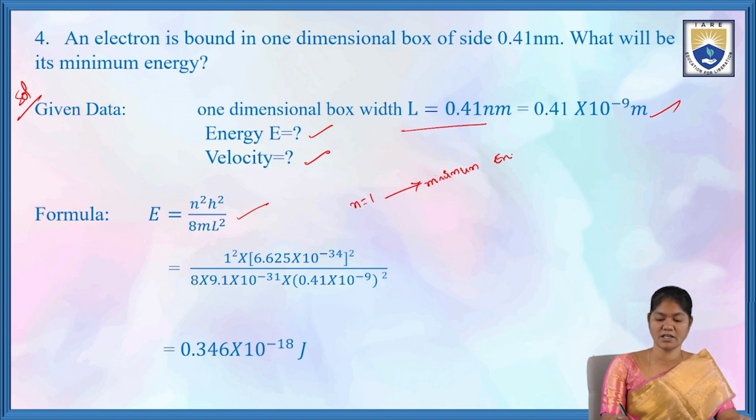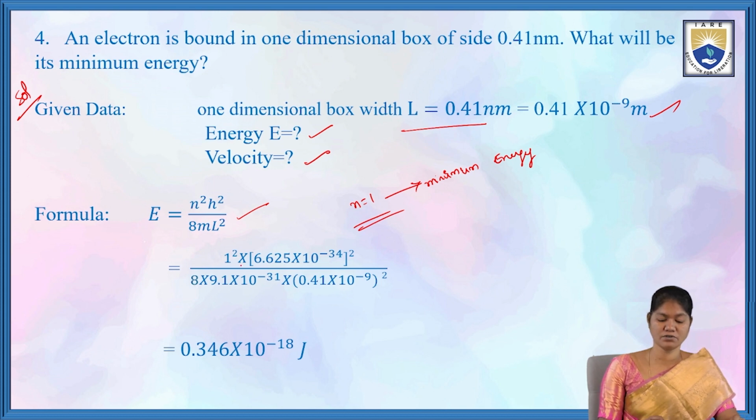Minimum energy we get at n is equal to 1. So E1 is equal to n square h square by 8 m L square. This is the formula to calculate the energy.